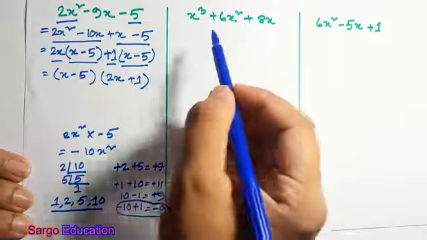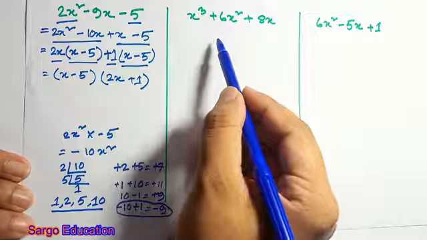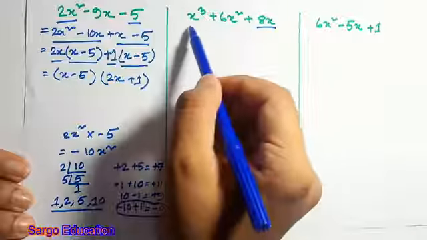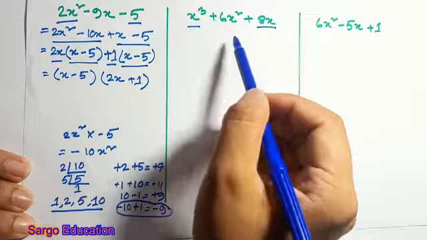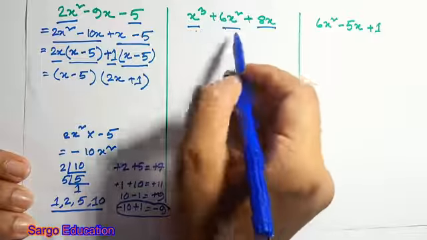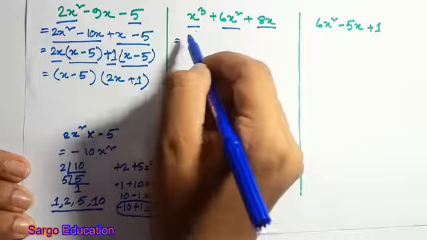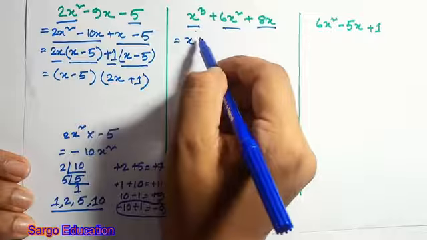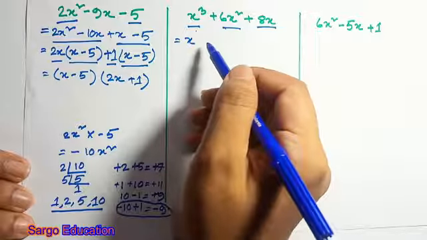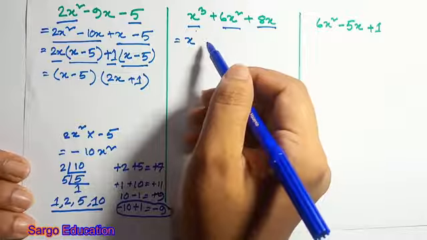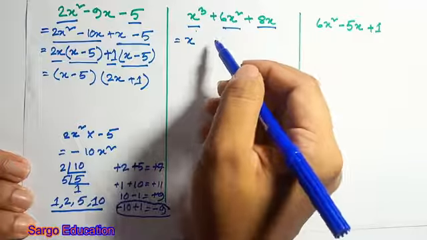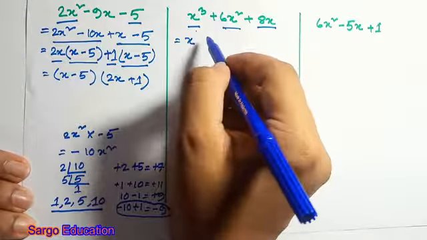Now we try another one. Here the side terms of this and this, but there is a common term among them, that is x. So we take it common first. That is the example we said in our first video, binomial term into trinomial, that is middle term with binomial term.